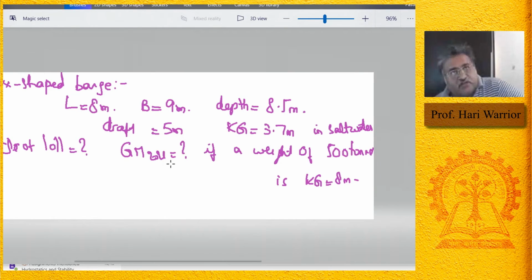Now, can you find the load draft? Load draft is a word used generally to mean what happens after the loading. So once you add the load, what is the load draft? Tell me what is the load draft? How will you get that? Not very difficult. The first part you did, just go backwards to find the load draft.